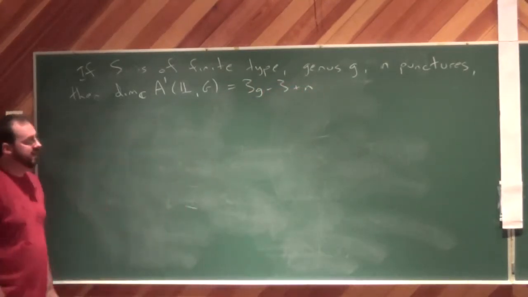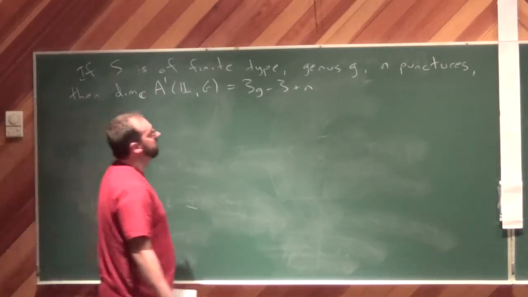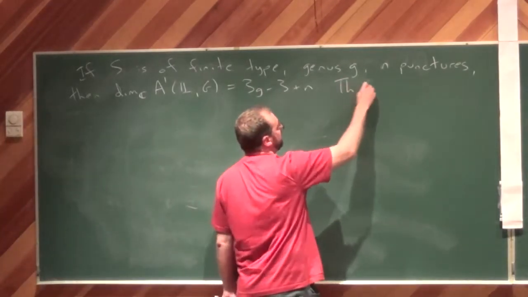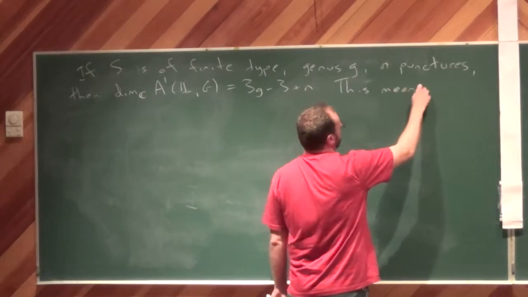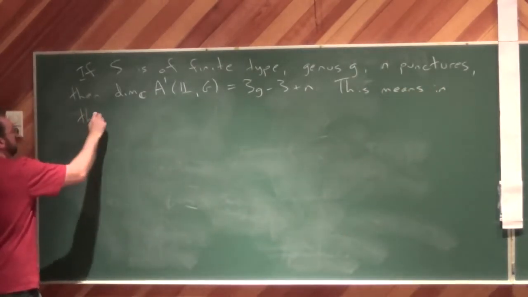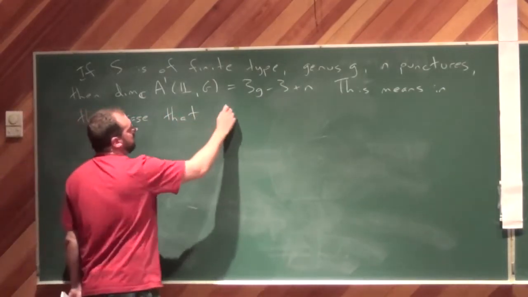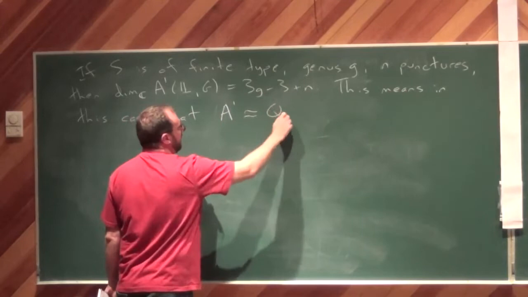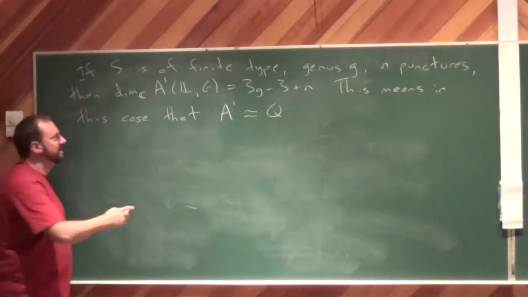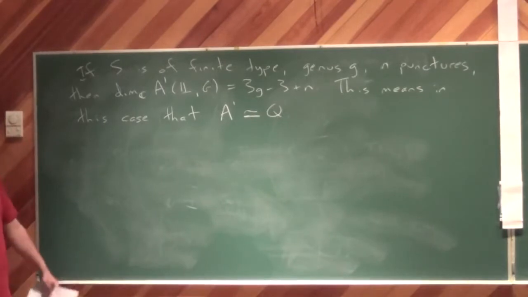So in particular, it's finite, which means that if we take its dual, that can be identified with the space we started with. So in this case, we can identify A1 and Q. They're actually the same space.